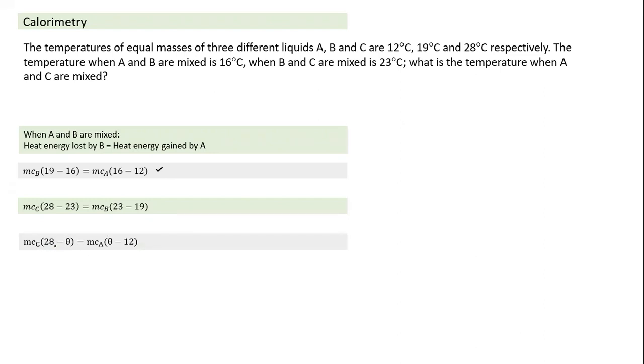To find it, we need the ratio of C_C by C_A, and the ratio of specific heat capacities of liquids C and A can be found from the first two equations. I substitute it here and find the value of the common temperature they will reach after mixing.